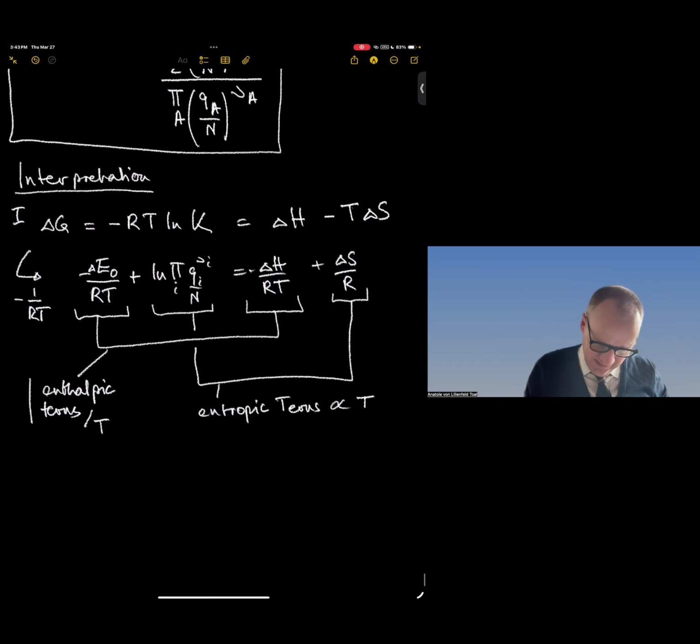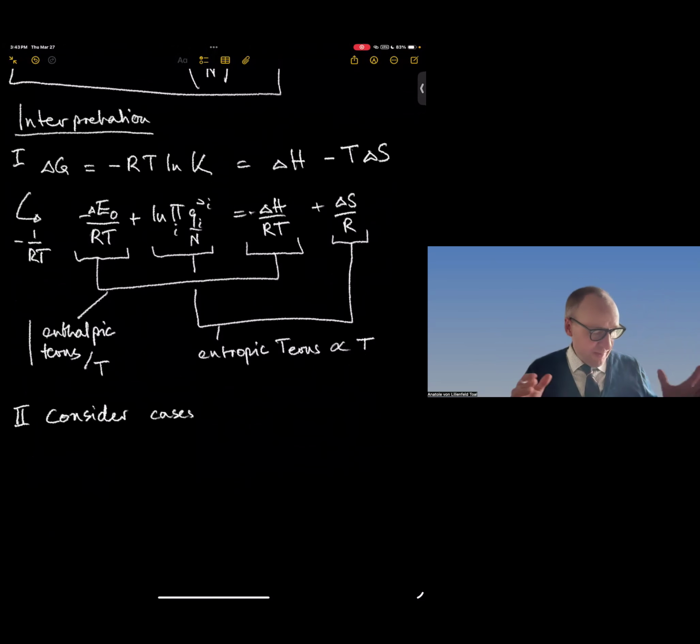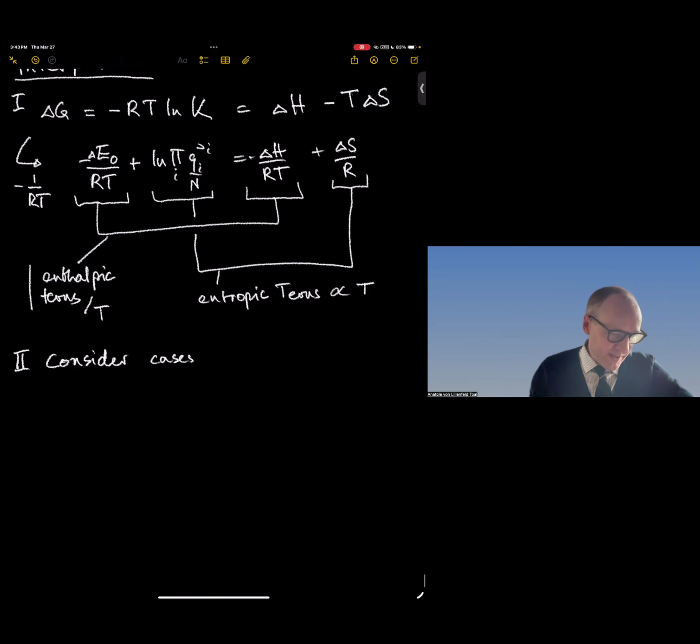And now as a second part, we'd like to consider some cases where we will look at simple examples. In particular, let's take some component in gas phase that transforms into another species in gas phase.